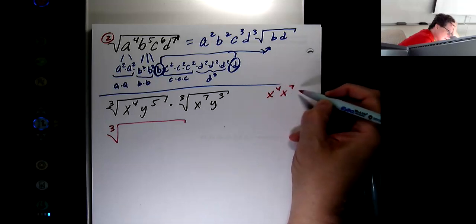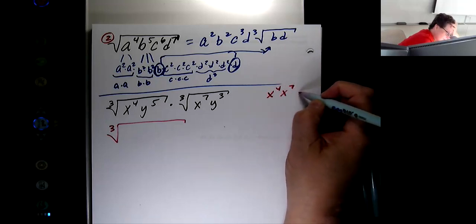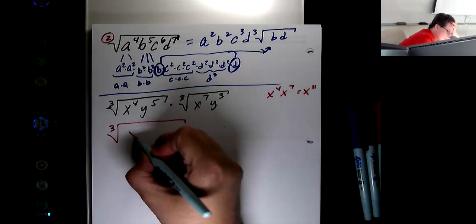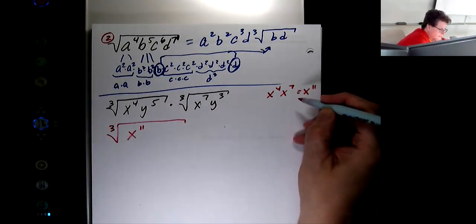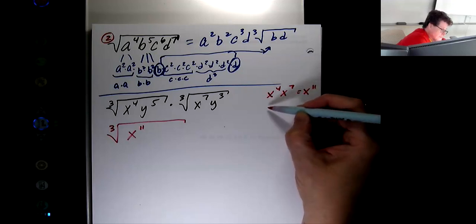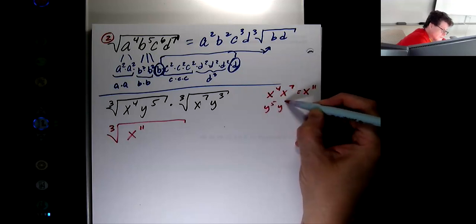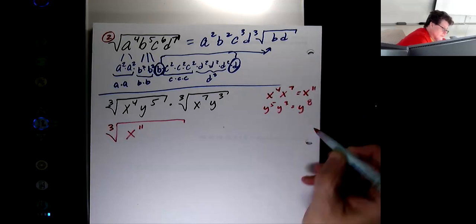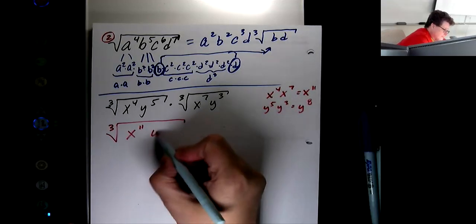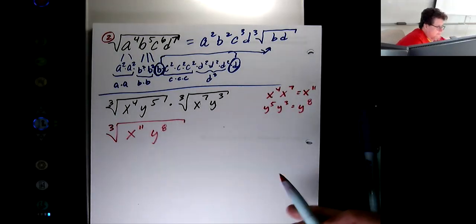And what do I get when I do that? X to the 11. What about the y's? Y to the fifth and y to the third, y to the eighth. Now what?